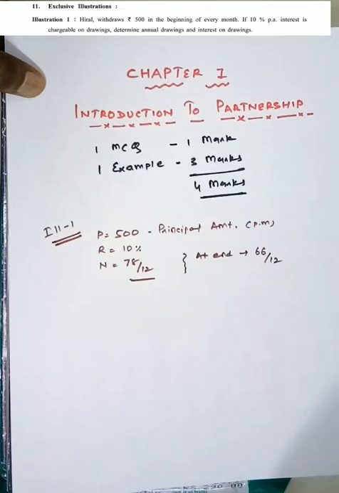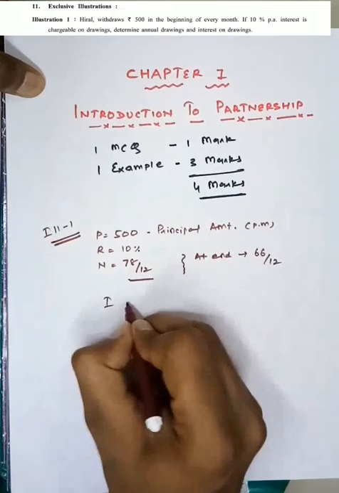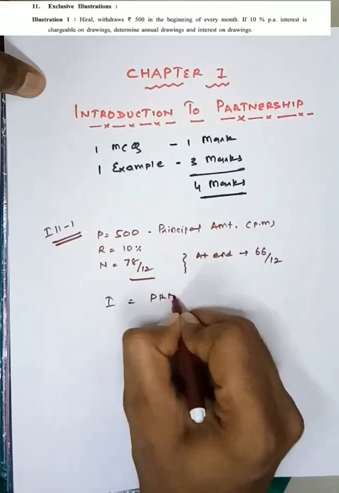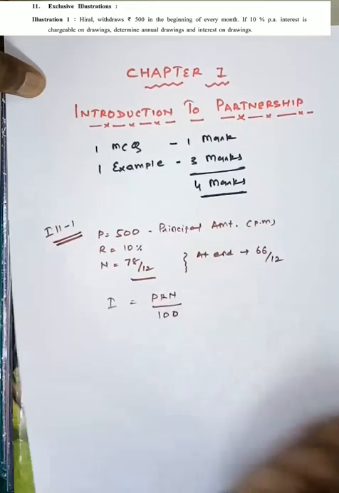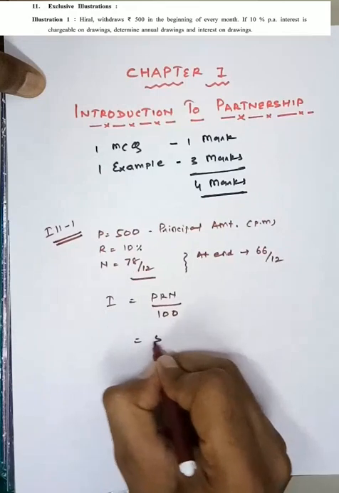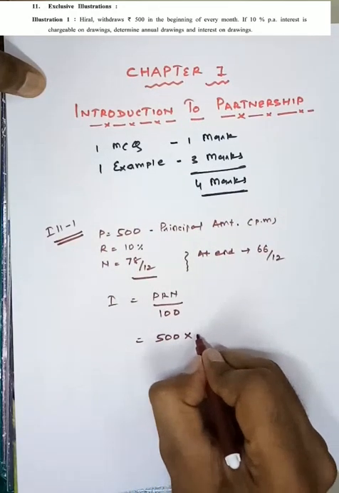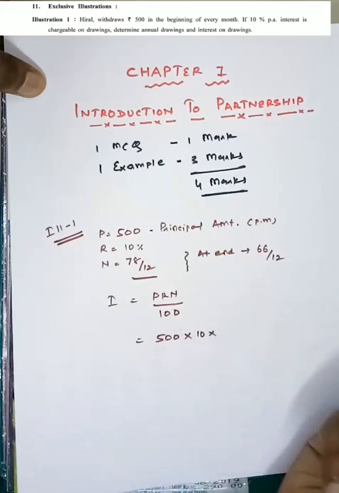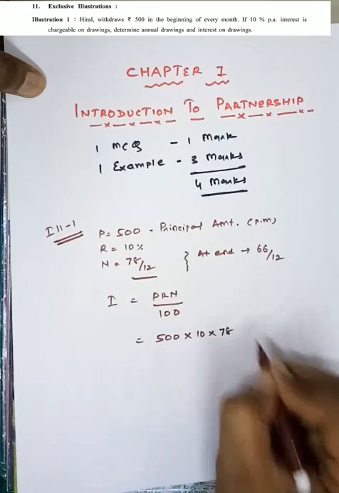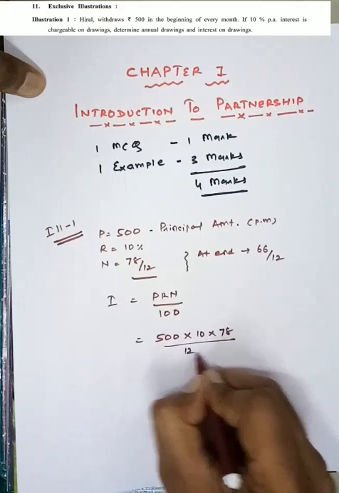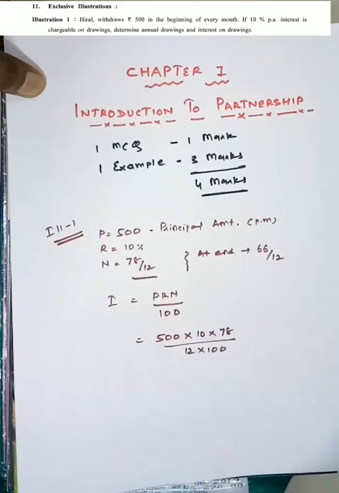Okay, so what is the formula? The formula is I is equal to PRN upon 100. Now P is equal to 500 rupees, R, that means rate of interest, that is 10, and N, that means number of years, that is 78 divided by 12, into 100.